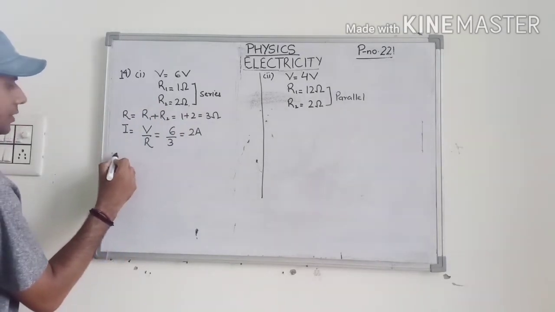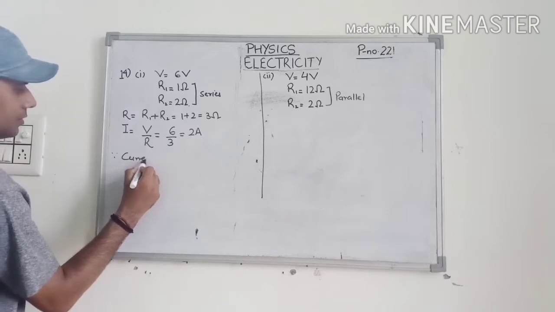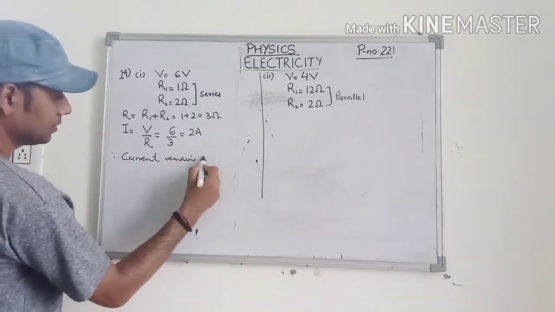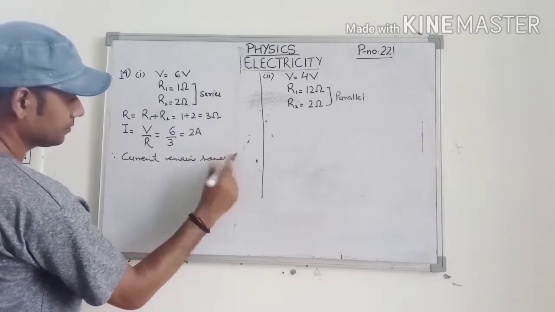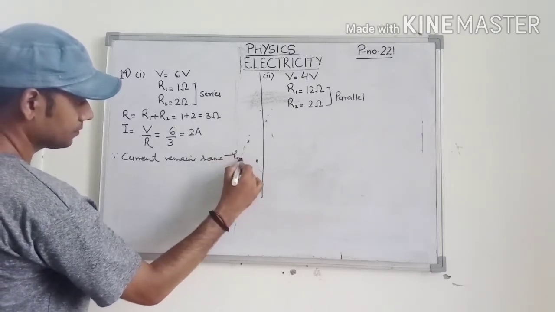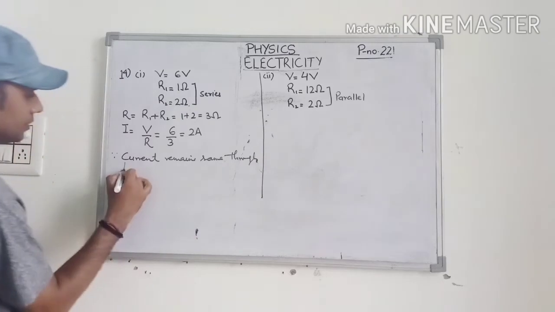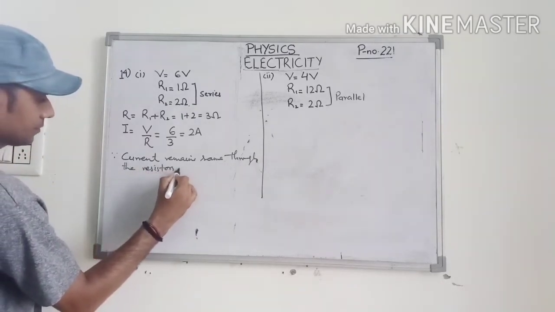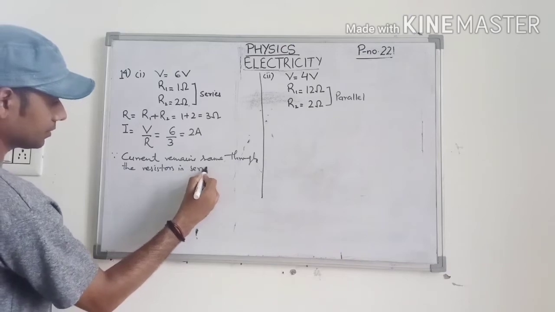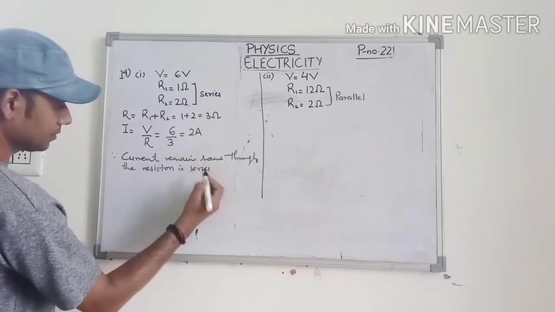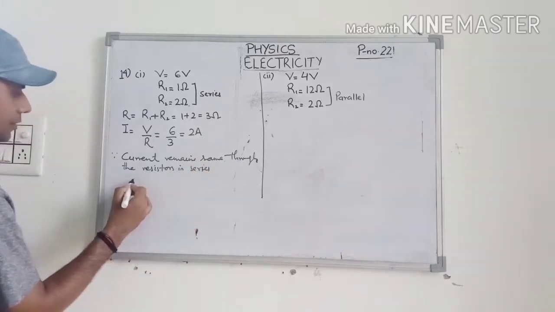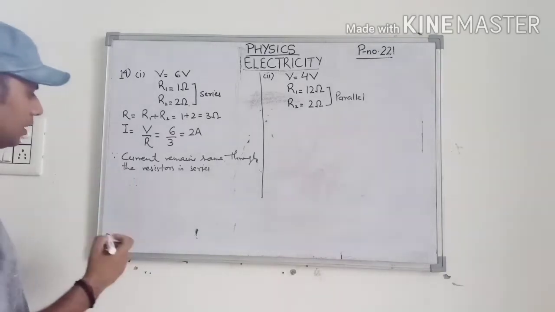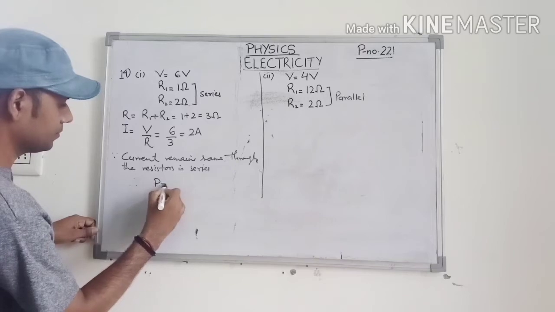So we can write here, since current remains same through the resistors in series, okay, therefore what is the formula of power?